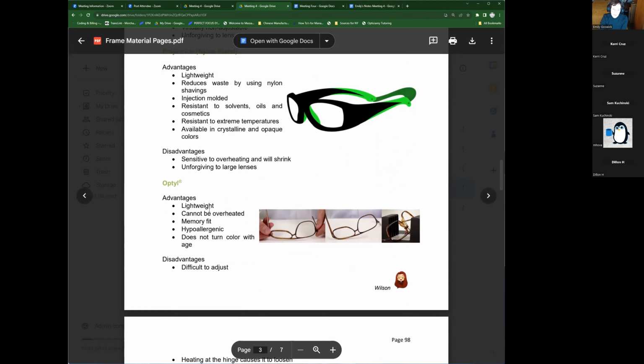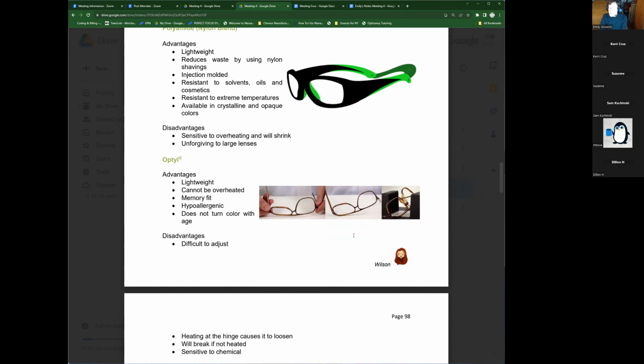One other one I wanted to go over was Opteal. The brand that uses this is Gucci, and to identify it, you will want to look at the temple. It'll say Opteal inside the temple. This one can be very easy to break, and it can be a pain in the neck, because you have to heat it quite a lot to get it to be adjustable.